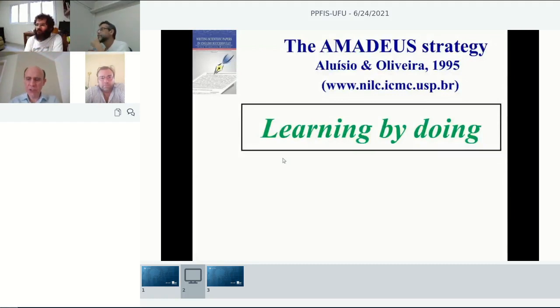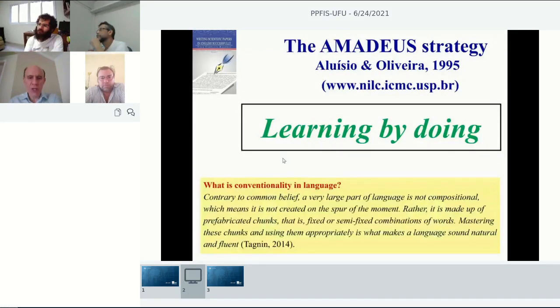And why is this strategy efficient? It's efficient because of an area called Corpus Linguistics, and it's efficient because when you produce text, either spoken or written, we do not make a sentence word by word. We have chunks of text in our minds.